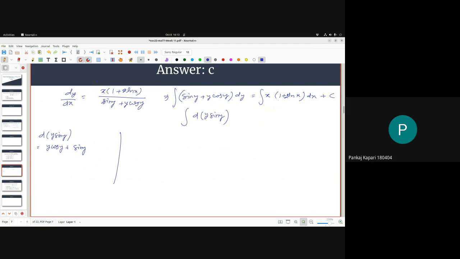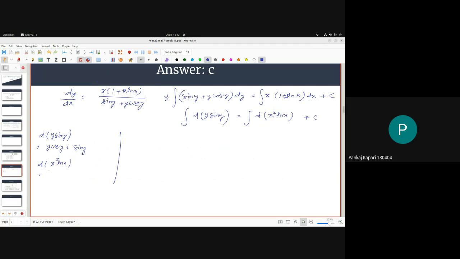And the second term, this x times 1 plus 2 ln x, that can be written as d of x square ln x. Why? Let's write d of x square ln x. Okay, apply the product rule.